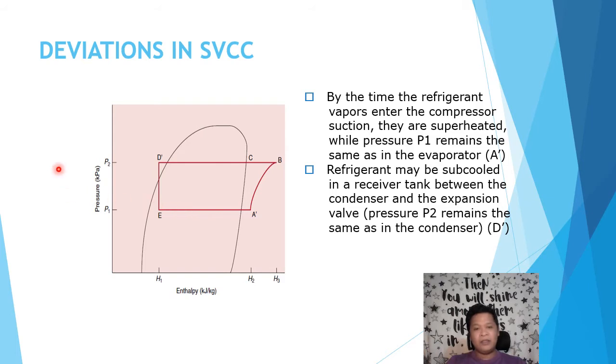On the other hand, in this case, imbis na nasa saturated liquid state yung liquid mo at point D, naging subcooled siya. So we will not discuss, in reality of course this happens, pero hindi na muna part ng discussion natin yun, as we will stick to the basics, but just to show you that these things could happen. And in theory, they will make your calculations harder.